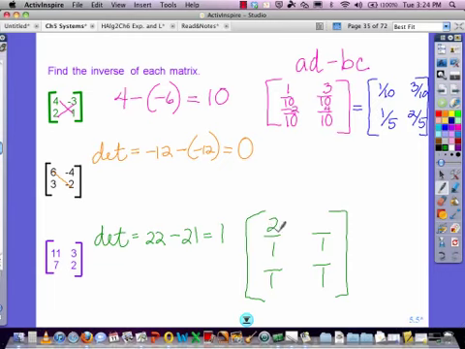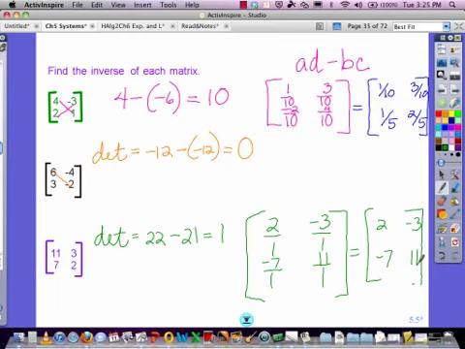So the 2 goes to where the 11 was, the 11 goes to where the 2 was. On the right diagonal, we switch to their opposites. So we get a negative 3 where the 3 was, we get a negative 7 where the 7 was. Last but not least, simplify. Easiest possible would be the whole numbers.